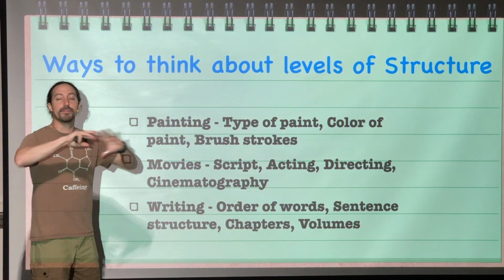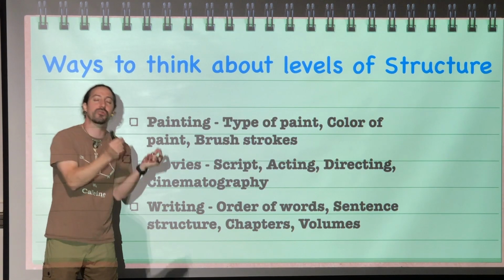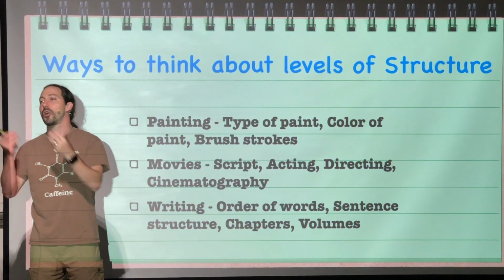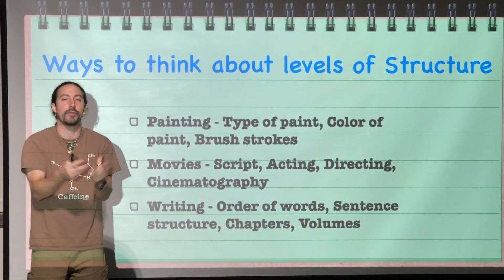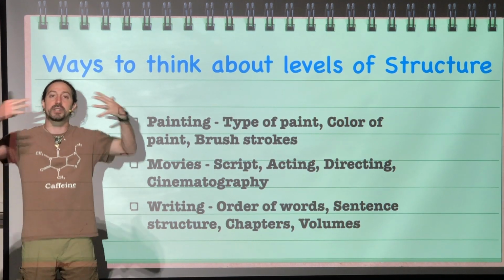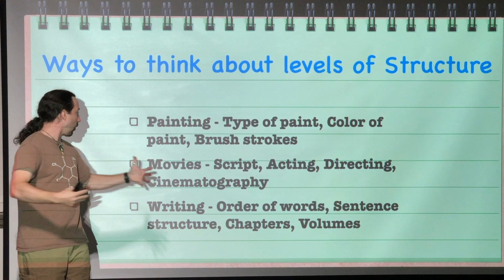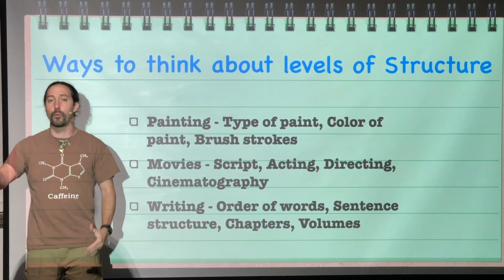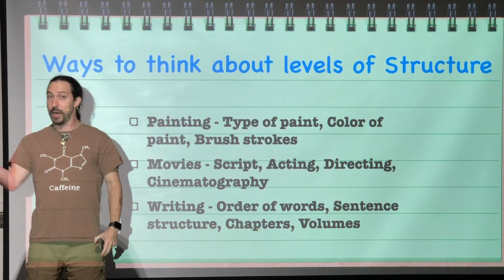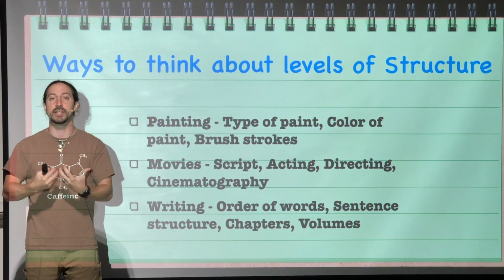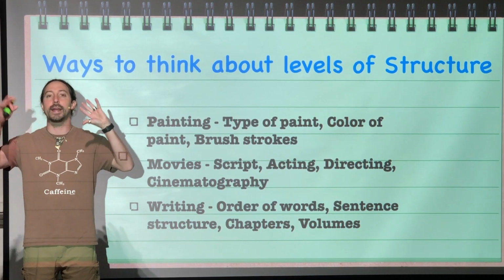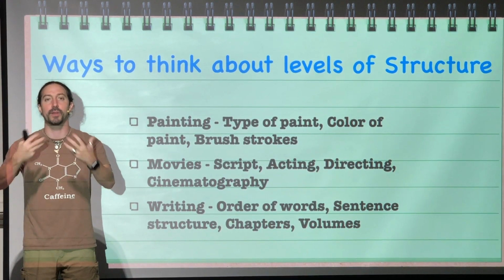Movies have multiple parts. You can analyze the script, you can analyze the acting, you can talk about the directing or the cinematography. The key is it all comes together to make that specific movie. Or writing: you have the order of the letters that make up the words, the way that the sentences are structured, and the way that the entire story is built and fleshed out.